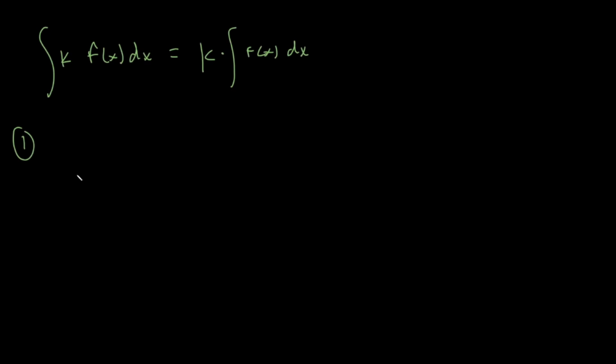I'll just rewrite it. So, the constant rule is the integral of k times f of x dx is k integrals of f of x dx. So I would like you to use this rule, please, to do the antiderivative of 2v cubed dv.